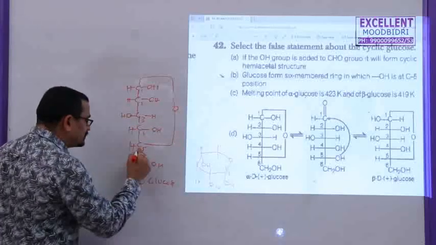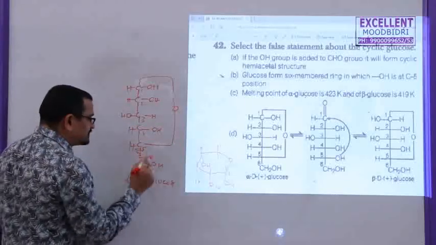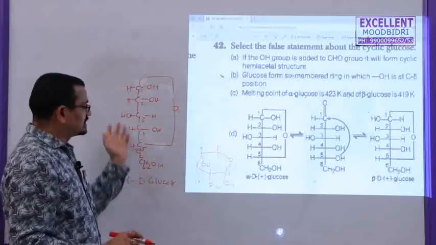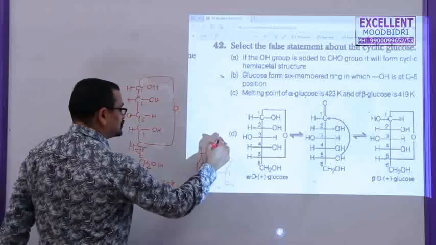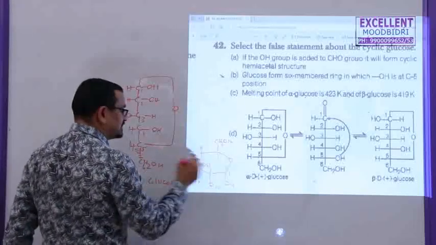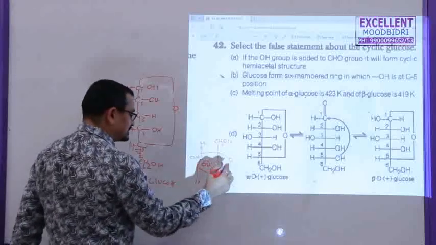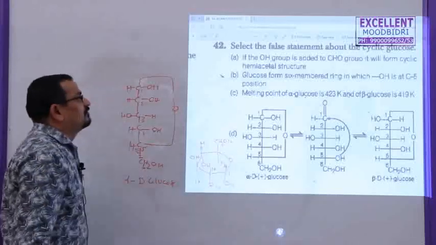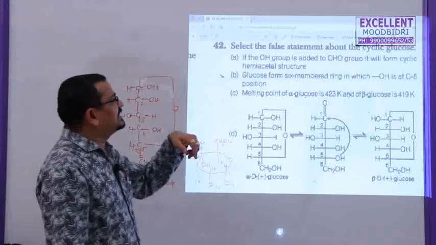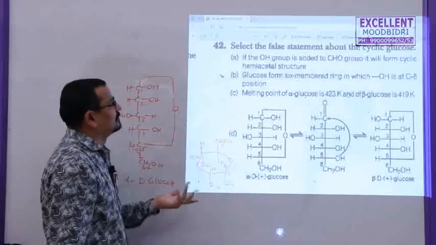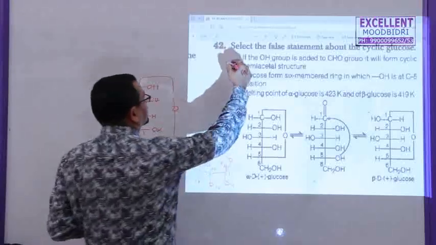So when you flip this chain down, this CH2OH will come above the plane, obviously H comes below the plane. So these are the projections. Now, if OH group is added to the CHO, it forms a cyclic hemiacetal structure. Of course, it has formed. So first line is correct.